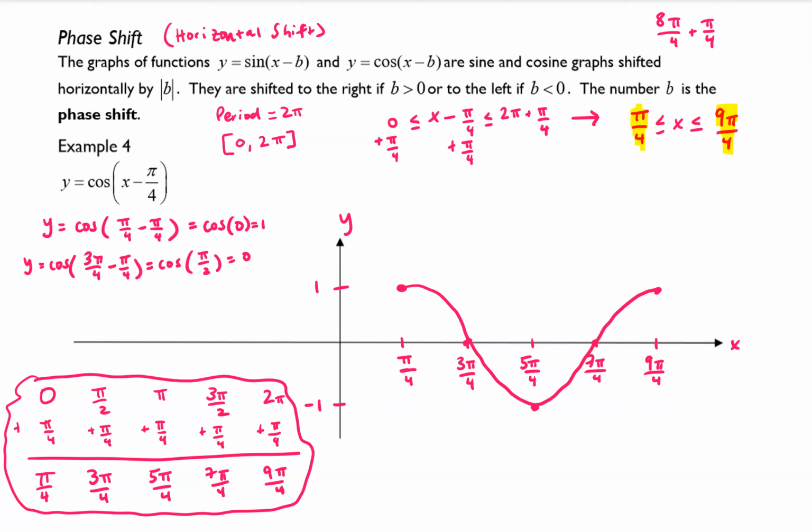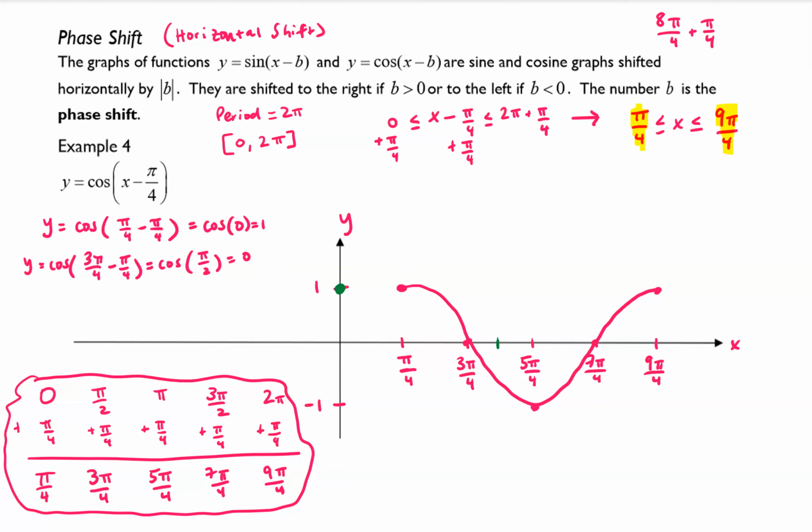And so my graph is going to look something like that. Again, to reiterate how we can see our phase shift on the graph: normally cosine starts here, and it would look something like this. So here is, let's see, what's between 3 pi over 4 and 5 pi over 4?